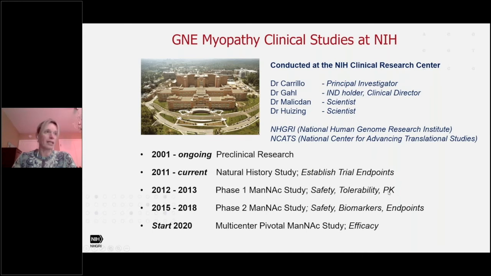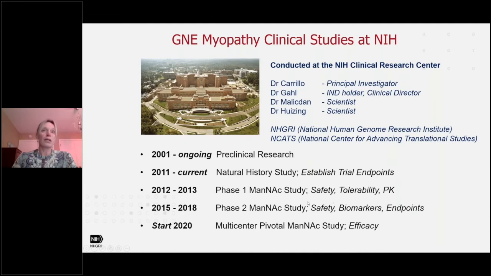It's called pharmacokinetics. A phase 2 study was finalized in 2018. It's for more safety of ManNAc, biomarker testing, and testing of potential clinical endpoints.